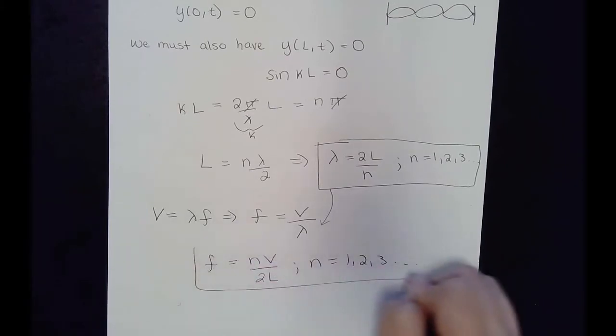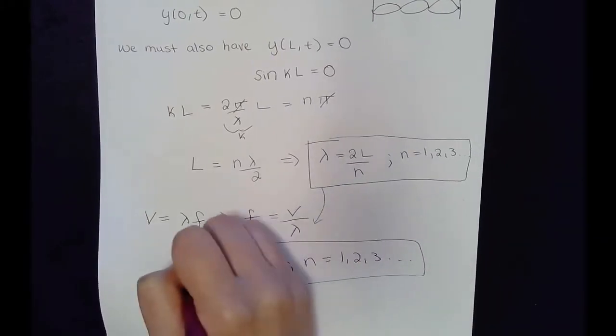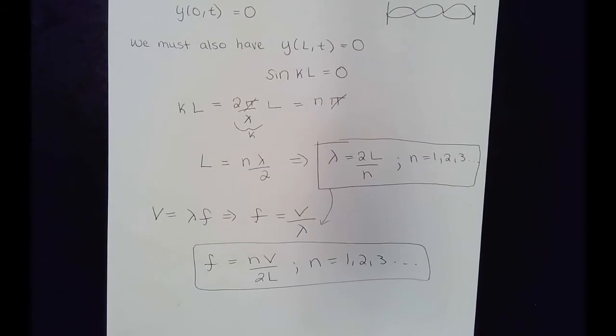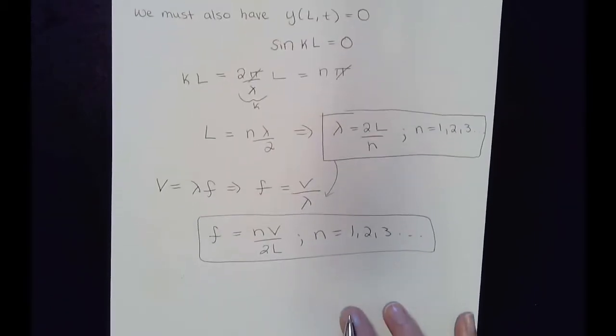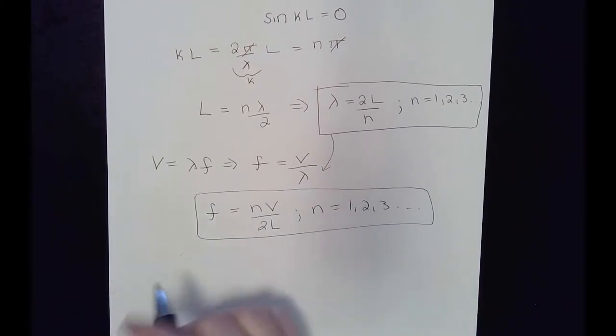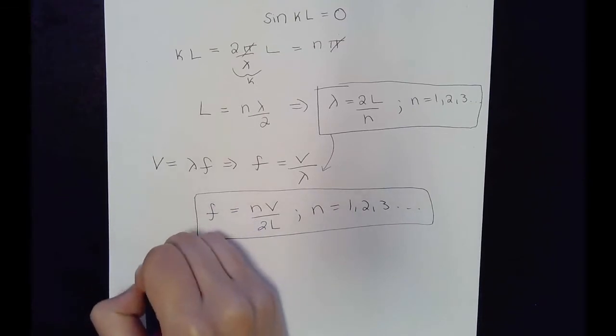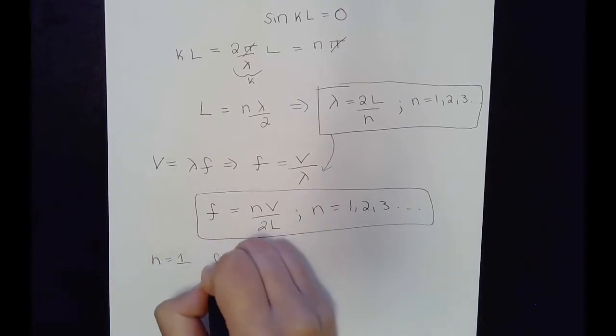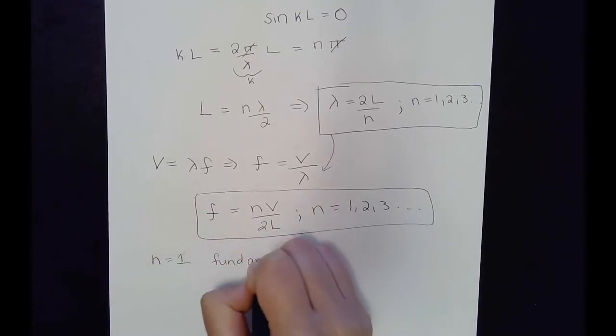So this is another important relationship, and it gives us the frequencies at which standing waves occur. The lowest frequency that will produce a standing wave is when n equals 1, and this is called the fundamental frequency.